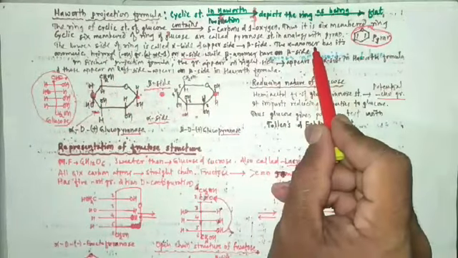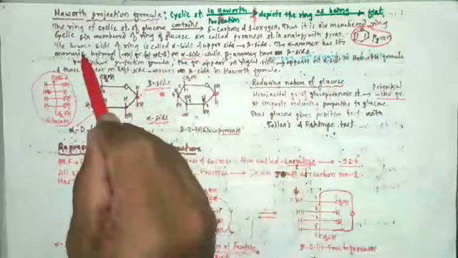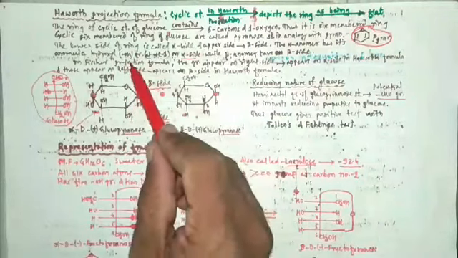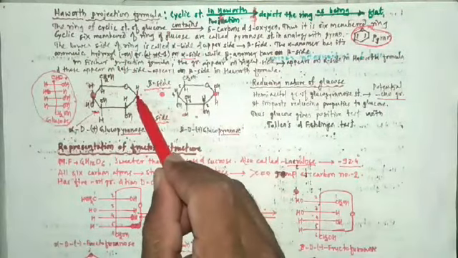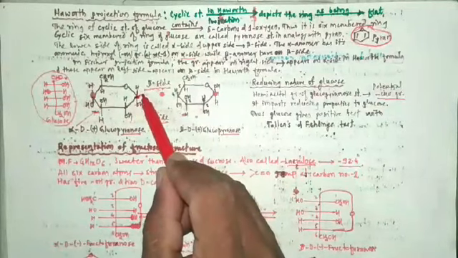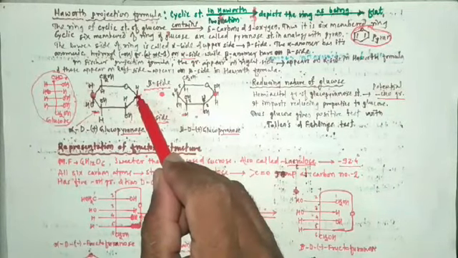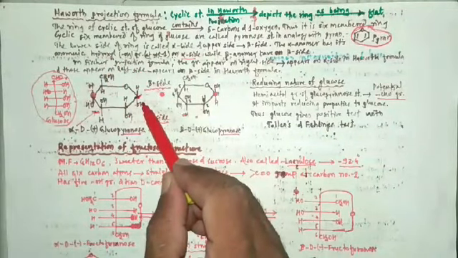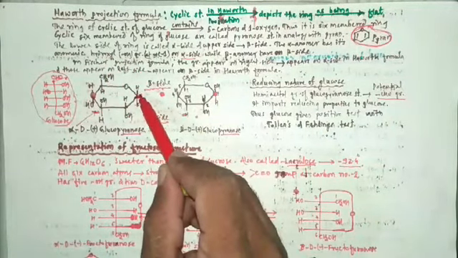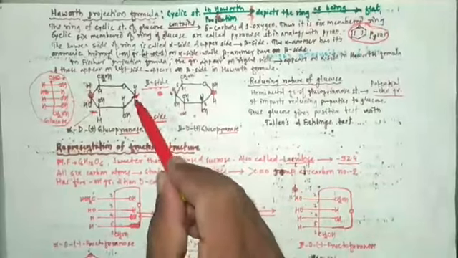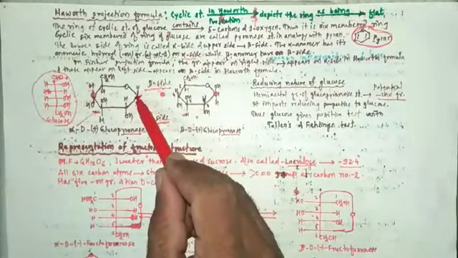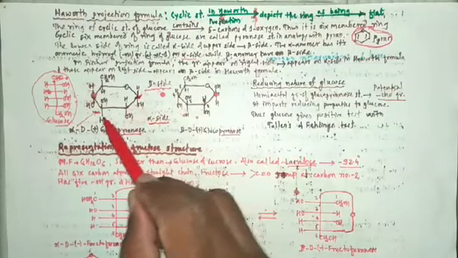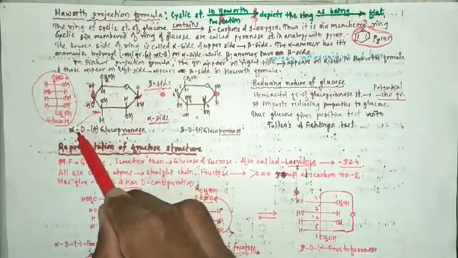Anomeric hydroxyl group means the hydroxyl group present on the first carbon atom. This is carbon number 1. So the anomeric hydroxyl group at C1 on the alpha side means on the lower side of the hexagonal ring. Such an anomer is the alpha anomer.